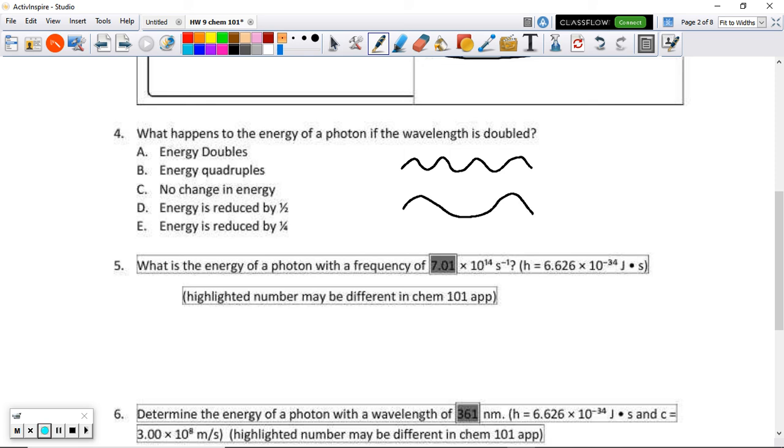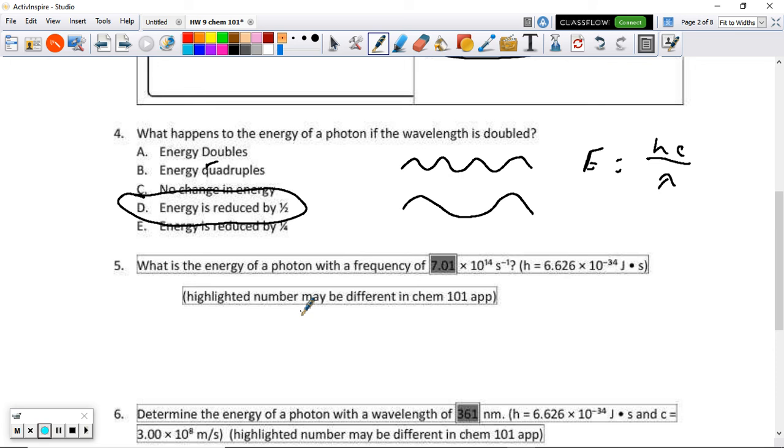If we double the wavelength, what do we do to the energy? Energy is going to be reduced by half. All right, so energy and wavelength are inversely related, because remember that energy is equal to Planck's constant times the speed of light over wavelength.